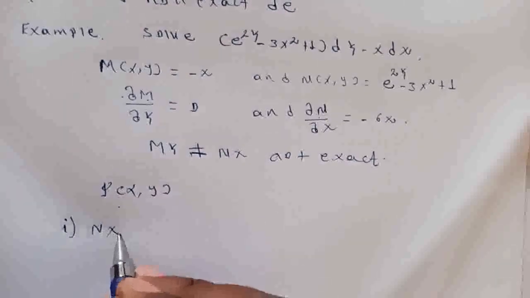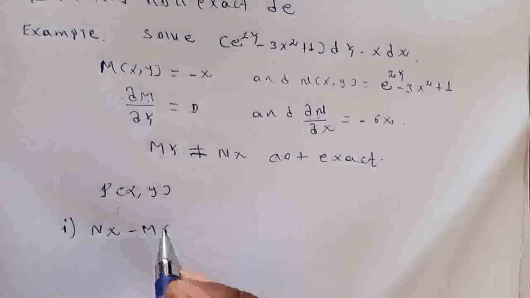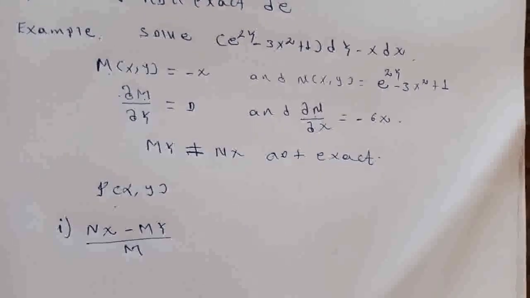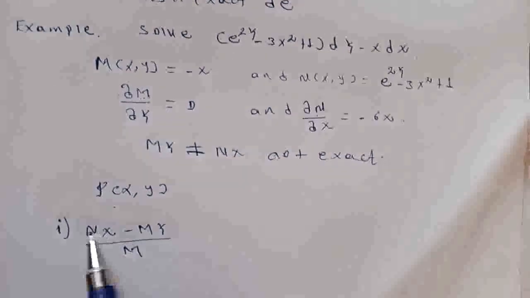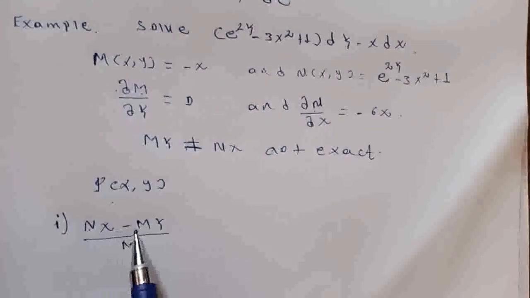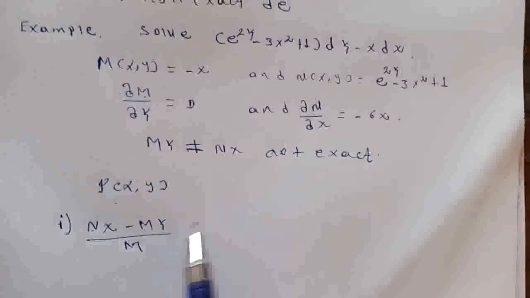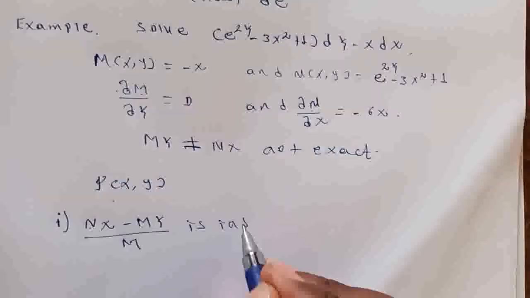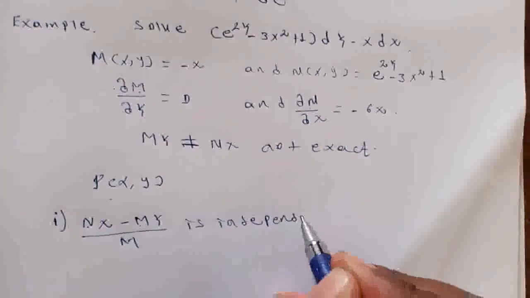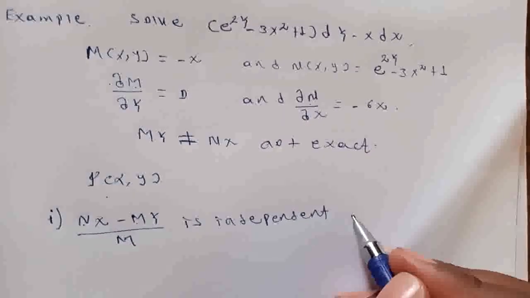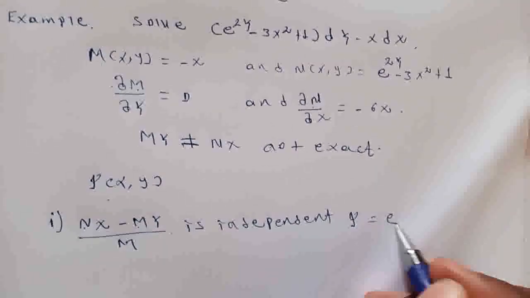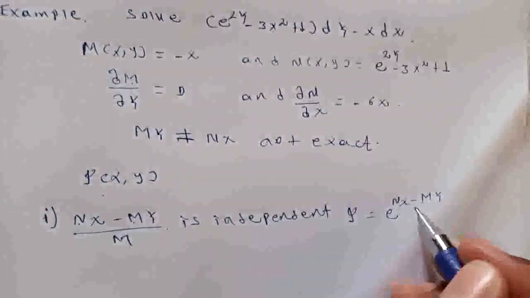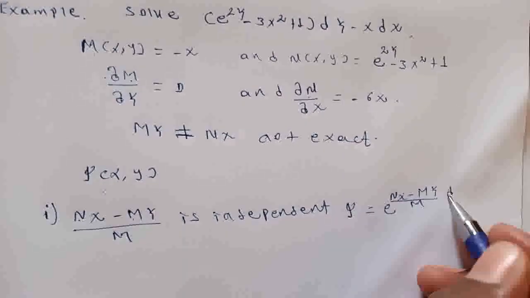If N sub x minus M sub y over M is independent of x, that is, if the partial derivative of N with respect to x minus the partial derivative of M with respect to y over M is free of x, then our integrating factor mu should be e to the power of the integral of N sub x minus M sub y over M dy.